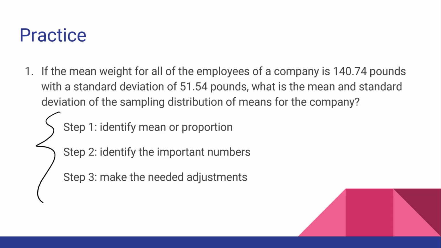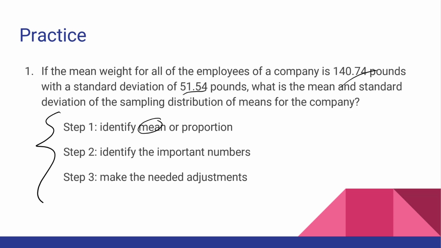The first one is identify whether this question is about means or proportions. So the main thing that will tip you off that this question is about means is your numbers here, 140.74 and 51.54. For proportions, your numbers will always stay between 0 and 1 or between 0 and 100 if we're talking about percentages. So that makes this one definitely a question about means.